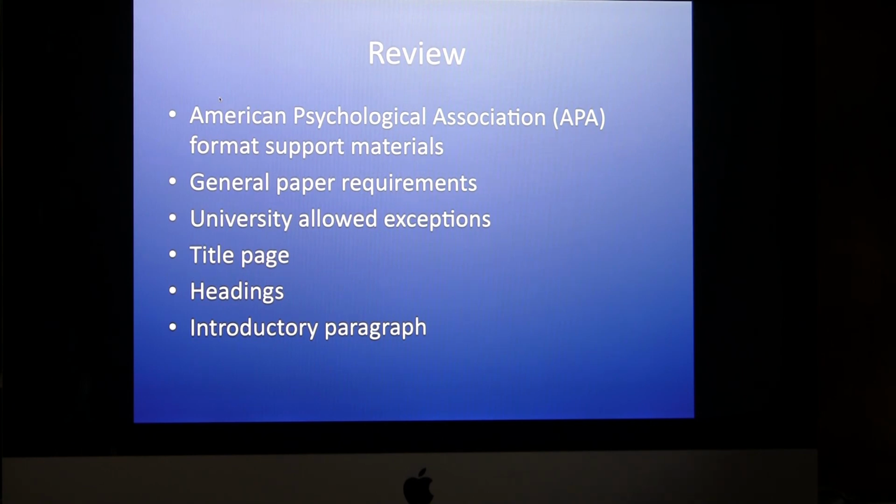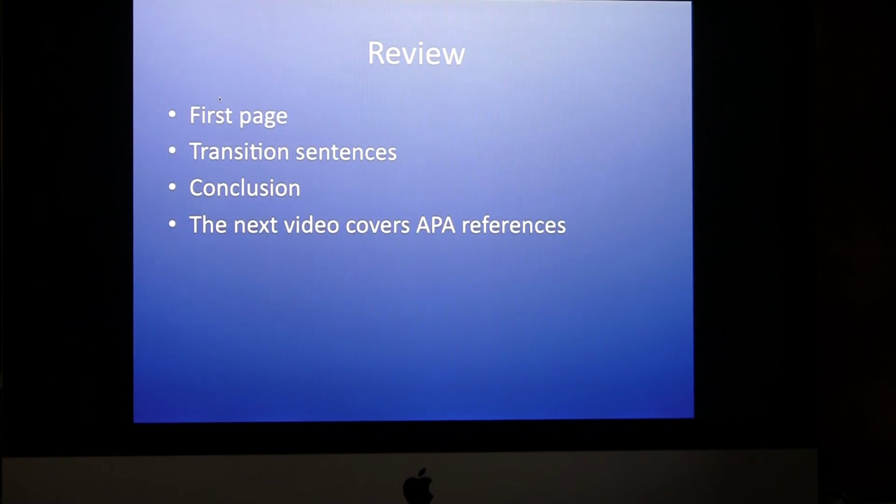We reviewed some level 1, 2, and 3 headings. Took a look at the introductory paragraph, the first page, a basic understanding of transition sentences, and then how to do a conclusion. Now, it's important that you remember that APA format is very exacting, especially when it comes to references, which we'll discuss next in the next video. Thank you.